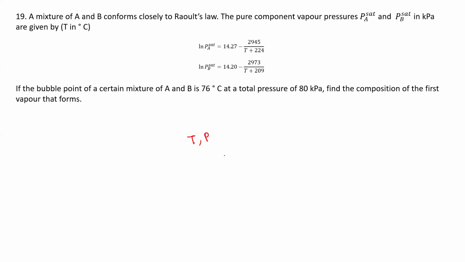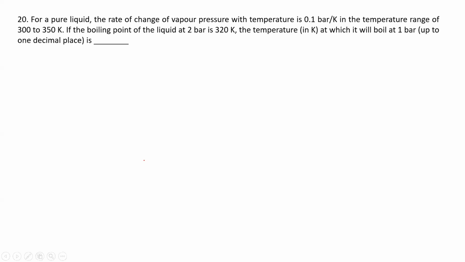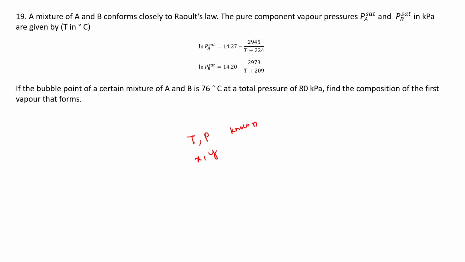So this problem is somewhat different from the 4 types of problems I have discussed earlier. Here T and P are known, and we have to find X and Y. So consider one of the equations, like sigma x equals 1 or sigma y equals 1.